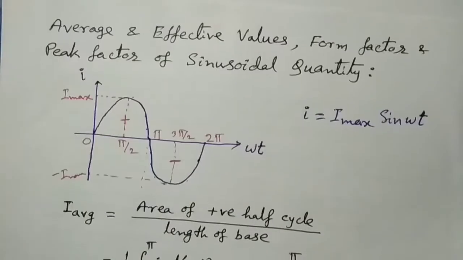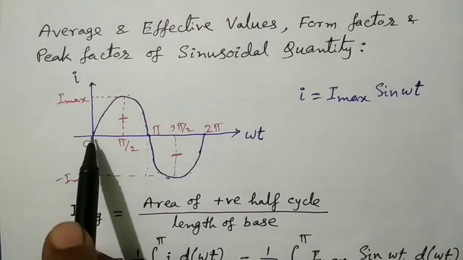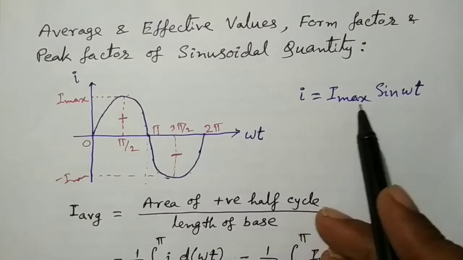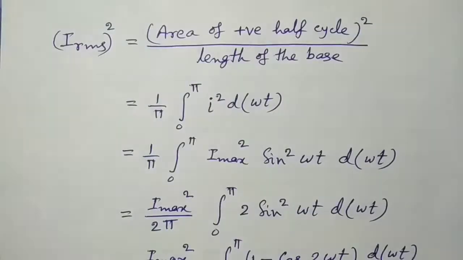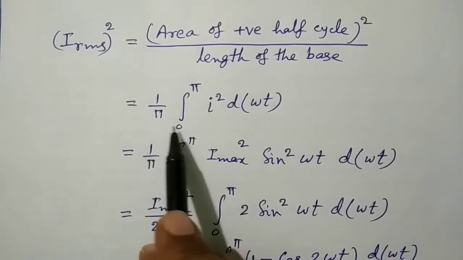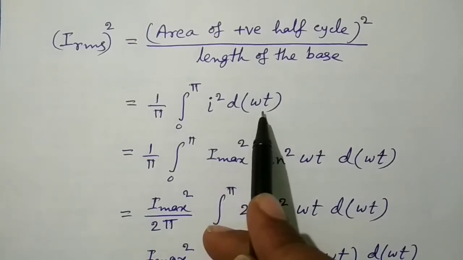So again, if you see the waveform, the area of the positive half cycle will be the integration 0 to pi of I, that is I max sin omega t. So here it is 1 upon pi, this is the base length, integration 0 to pi I square d omega t.